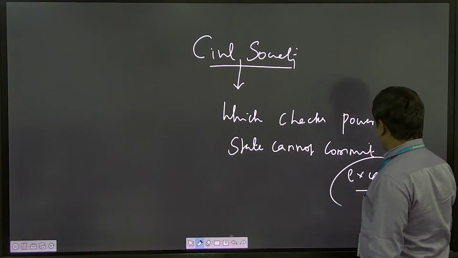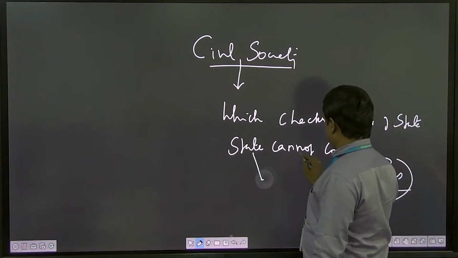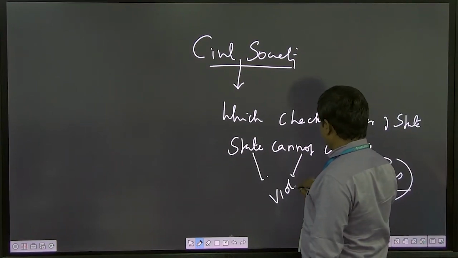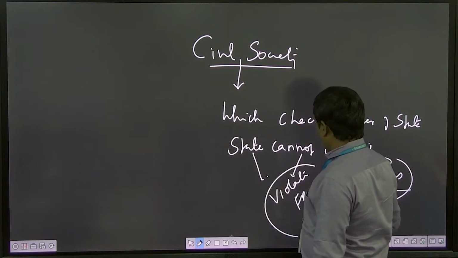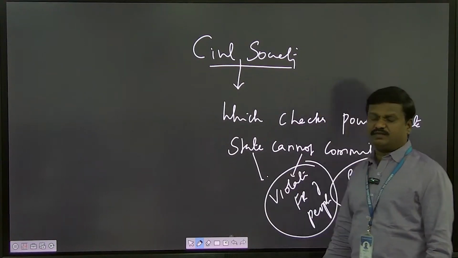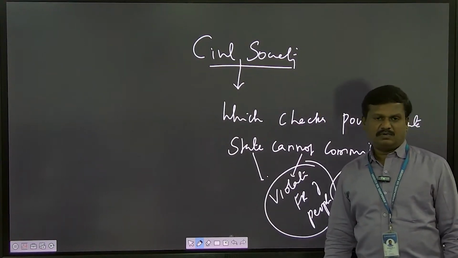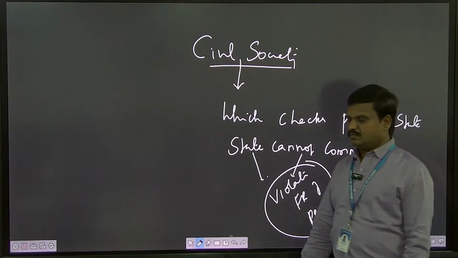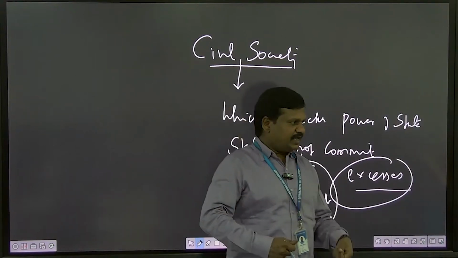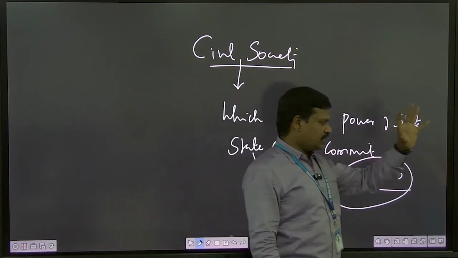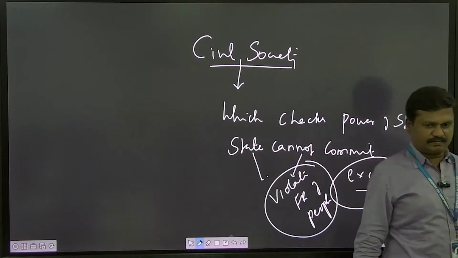Excesses means what? The state cannot violate the fundamental rights of people. So who will defend the people from the state excesses, the state high-handedness? They are called a civil society.